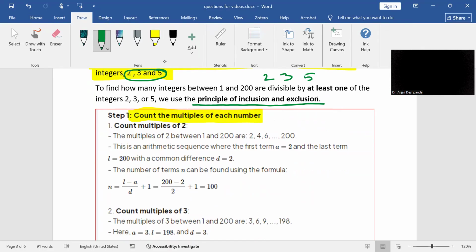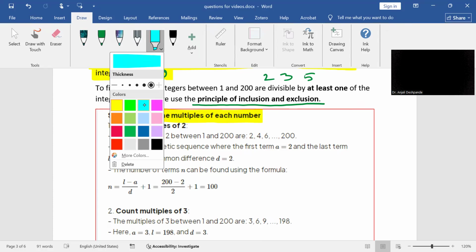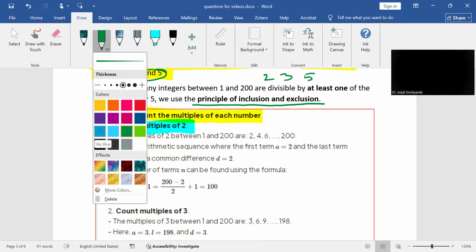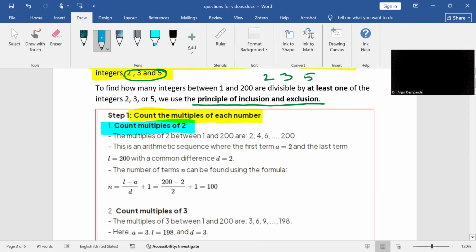First, we will count the multiples of 2. Multiples of 2 are 2, 4, 6 and so on, all the way up to 200. Remember, we are looking at numbers between 1 and 200.